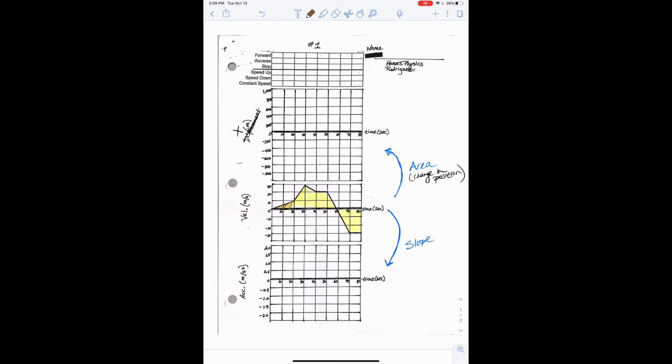Meaning that if I go back for a second and get rid of this triangle I just drew, and get rid of the yellow too. Let's see if I can put that back in. All right, so you've got the yellow area right there. Meaning that when we take the area, we could have started with this triangle right here, which I'm going to color brown. And that would just be from 0 to 10 seconds of the velocity versus time curve.